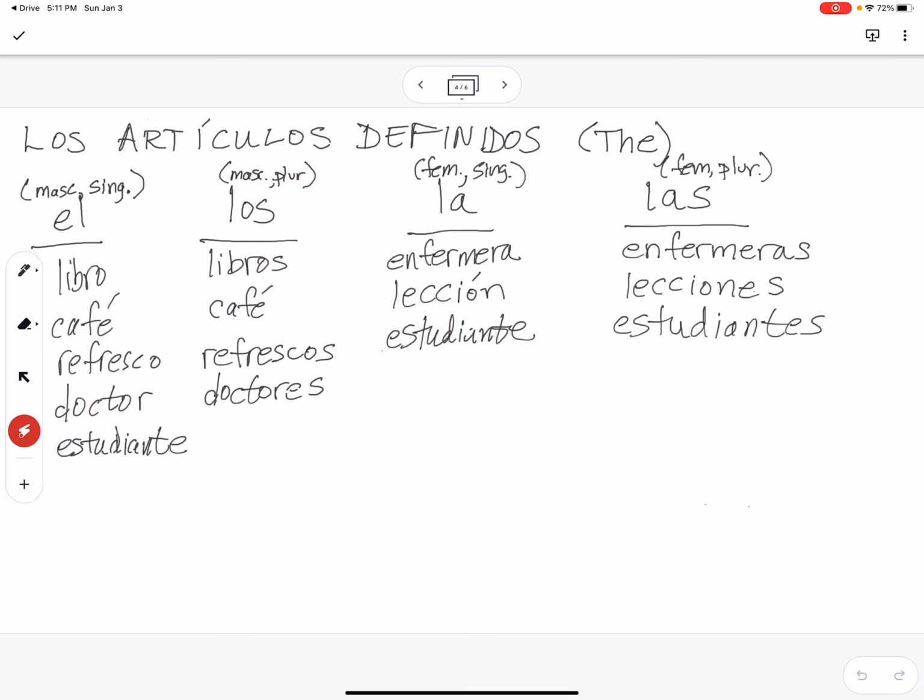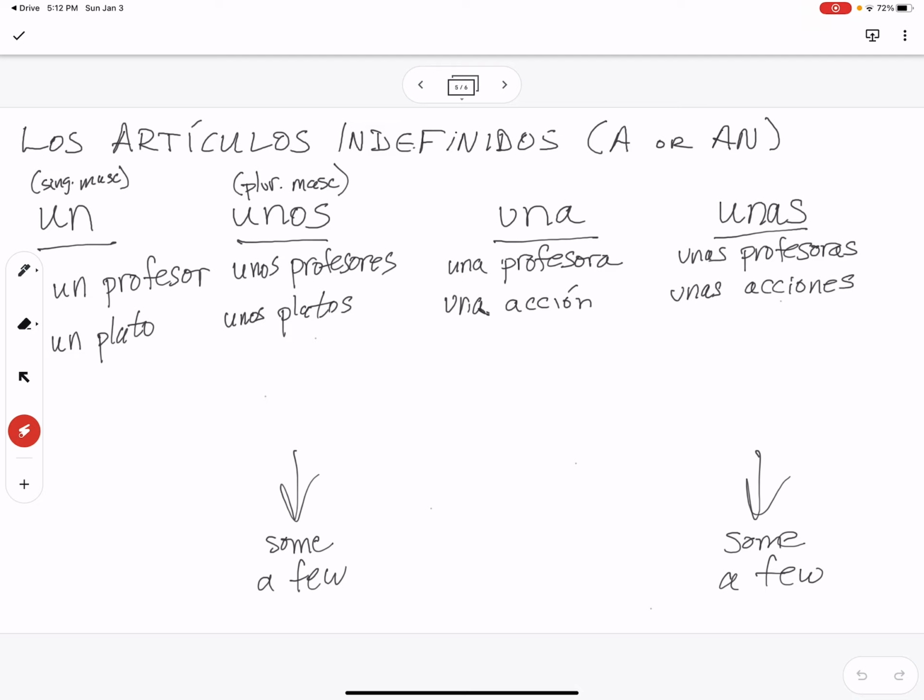If I'm speaking and I need to say the, which one of these is going to go in front of the noun that I'm talking about? So you're going to have to be able to look at a word or hear a word in Spanish and know what is the correct definite article that goes with it. Or if you see or hear a noun in Spanish, what is the correct indefinite article that goes with it? And that's one of the things that we're going to be practicing together in class. And eventually you'll have an evaluation on it.